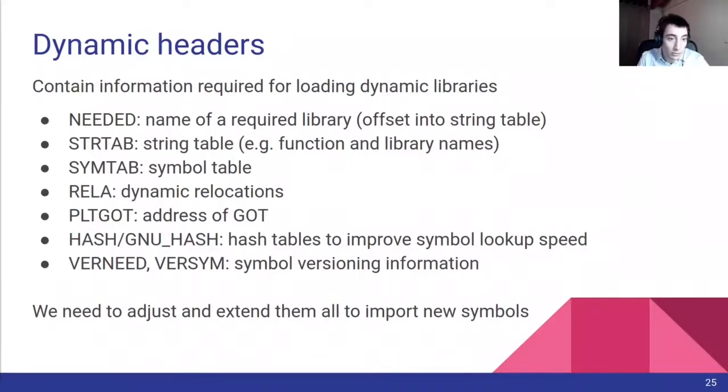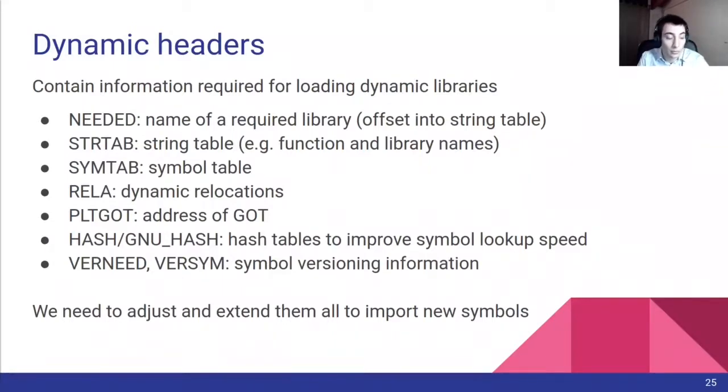There is an entry also to get the address of the global offset table, and then there are a couple of entries needed by basically performance optimizations, which point to some hash tables which are needed to improve the symbol lookup speed. Last but not least, there's also some entries required to implement symbol versioning, and that's used for maintaining backwards compatibility in libraries that need to do it.